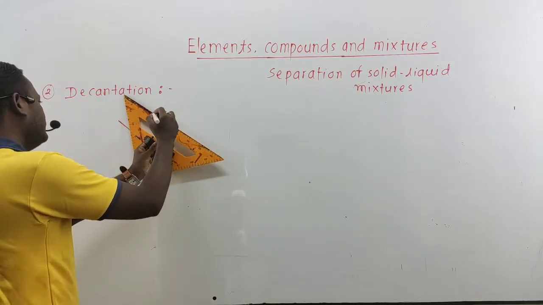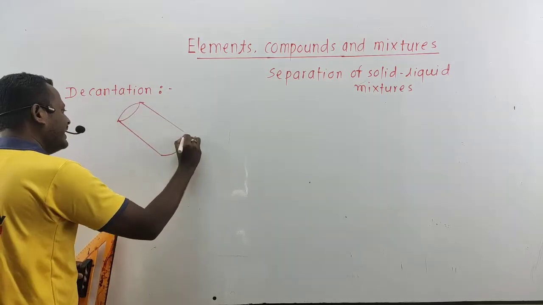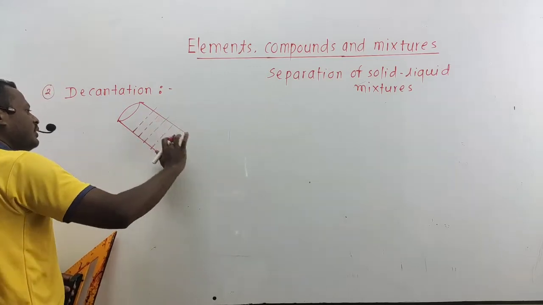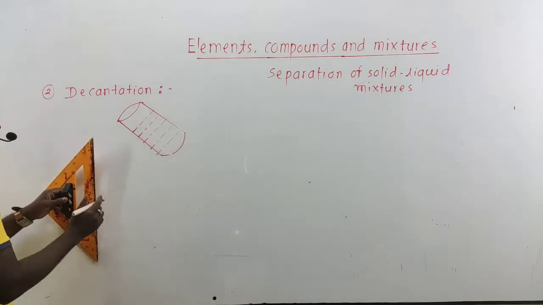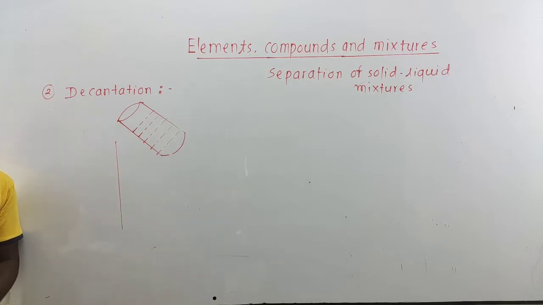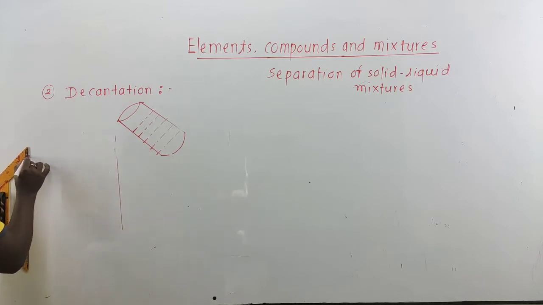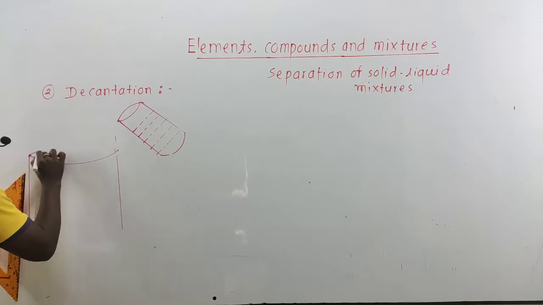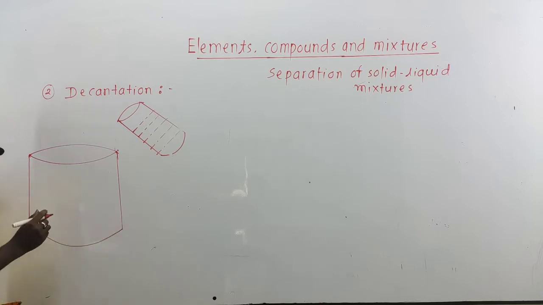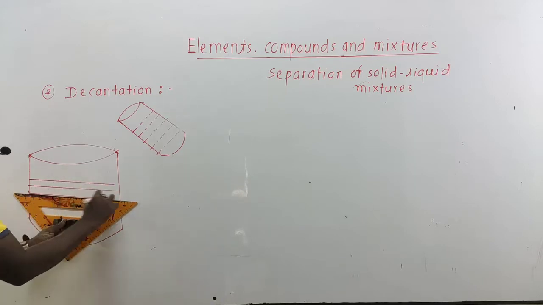After sedimentation, the impurities are settled at the bottom of the container. We have discussed the sedimentation process. And by tilting this container, the liquid from upside we are collecting in the other container, like that.